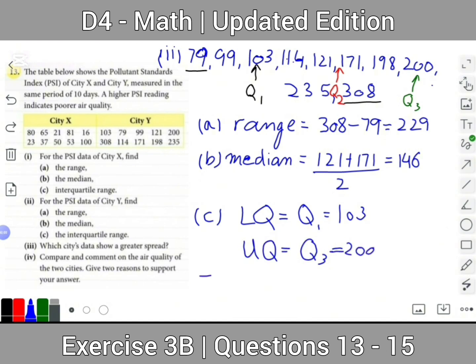And since we know that to find the interquartile range, we will use the formula Q3 minus Q1, and the values of these two quartiles we have already found out. So 200 minus 103 will be equal to 97. So the interquartile range for the PSI data of city Y is equal to 97.